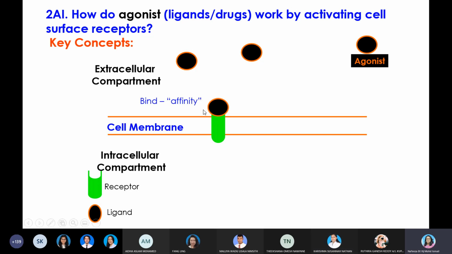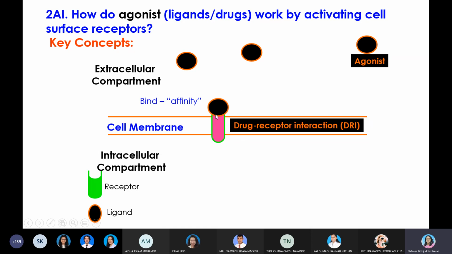First of all, it can bind to the receptor and we call it affinity. Therefore, this agonist has affinity to the receptor and you are right. It can cause receptor activation. You see, it activates the receptor. So drug receptor interaction will happen once agonists combine to the receptor.